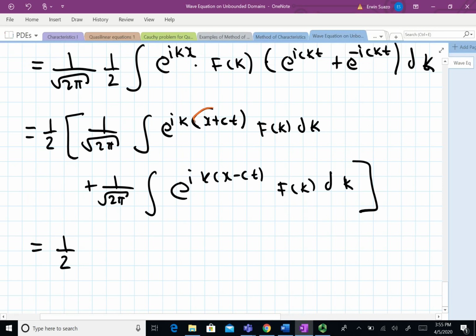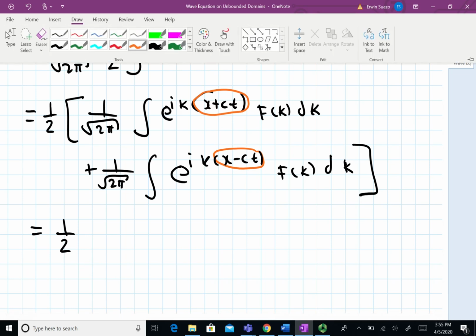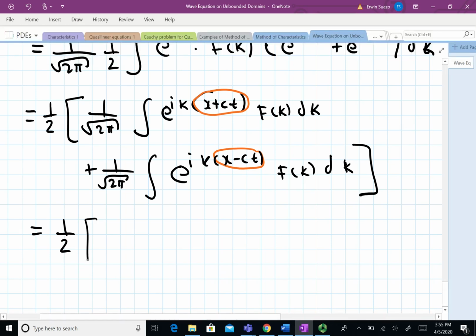So this guy is my new x. Okay, so the first part is a small f of x plus ct, plus the second part is a small f of x minus ct.